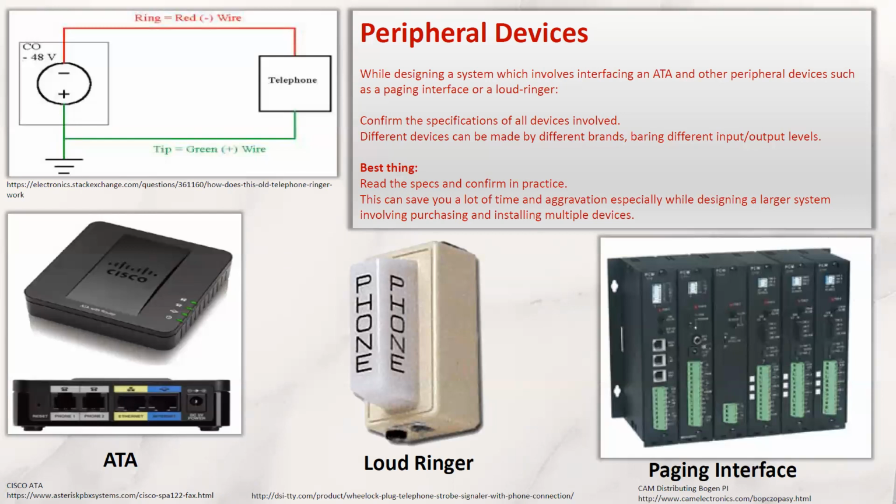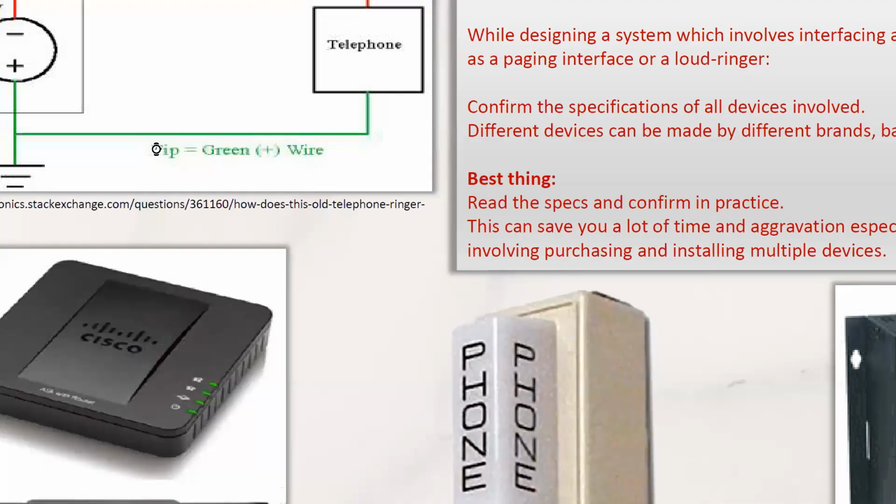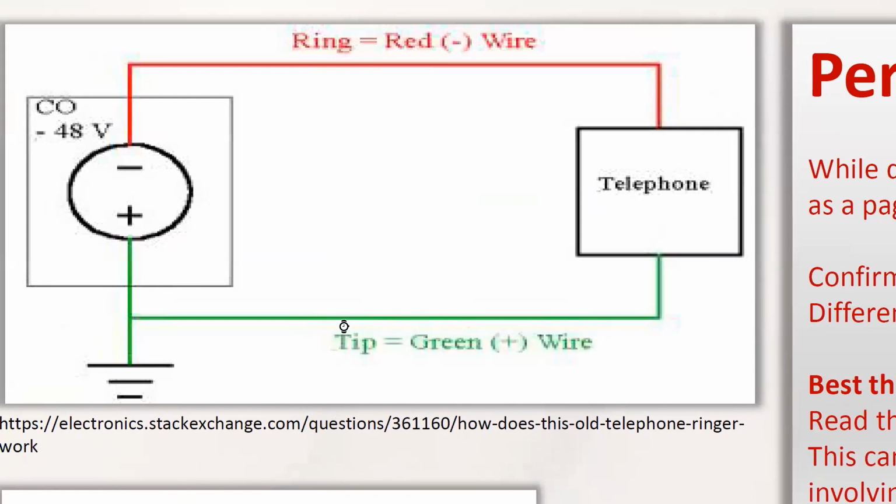All right, peripherals and peripheral devices. We're going to spend some time on this slide. Let's take a look here. First of all, this is just a reminder of what a POTS signal looks like. POTS line delivery, plain old telephone system delivery, is sort of being phased out, becoming less and less popular, unless sometimes, and we're going to talk about that as well, you need to have an uninterrupted telephone line.